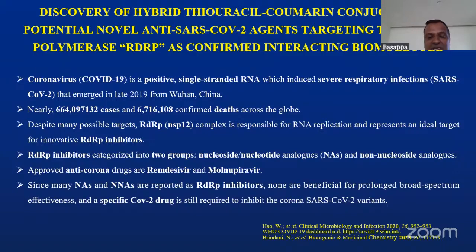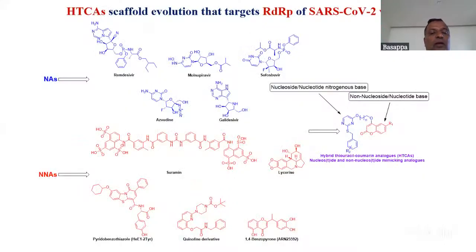So for this case, we have made a literature survey where remdesivir, molnupiravir, or some other azividine or another nucleobase-bearing structures have been reported. And also suramin, which we also took into account.